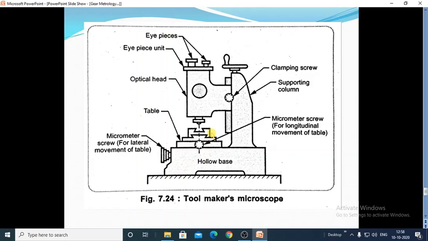Here you can see the supporting column, and to that supporting column the optical head is attached with the help of this clamping screw, so that you can move it up and down. On this optical head the eyepieces are there.